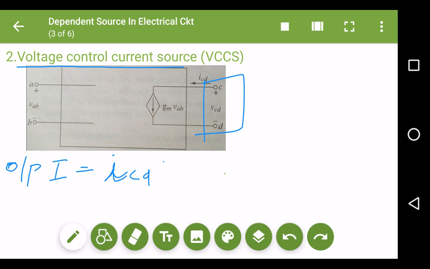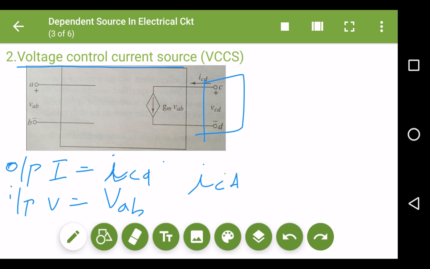Okay, so the output current, ICD, is controlled by the input voltage, that is VAB.